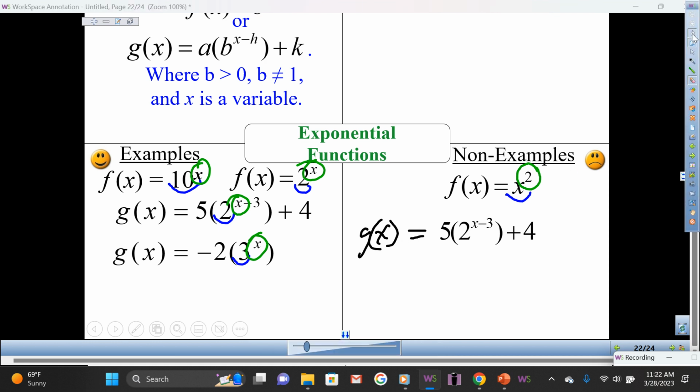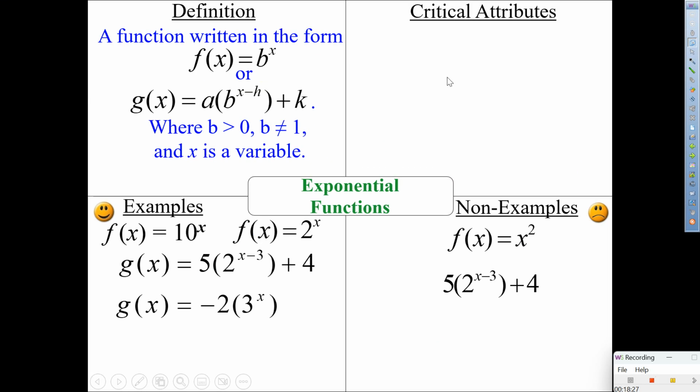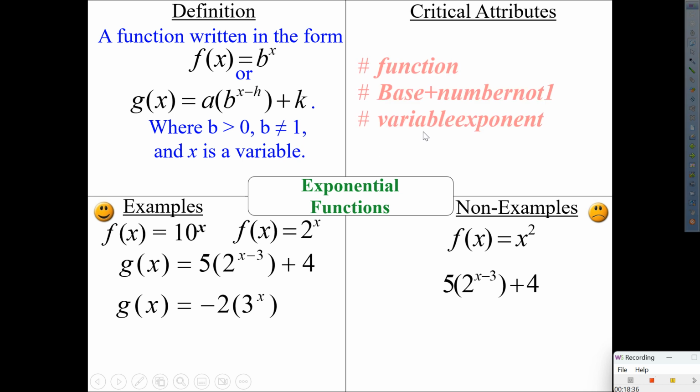So, with that said, for the sake of time, there they are. The first one has to be a function, with an equal sign. Second one, it has to be a base with a number, not 1. And the last one, the exponent has to be a what? Variable.